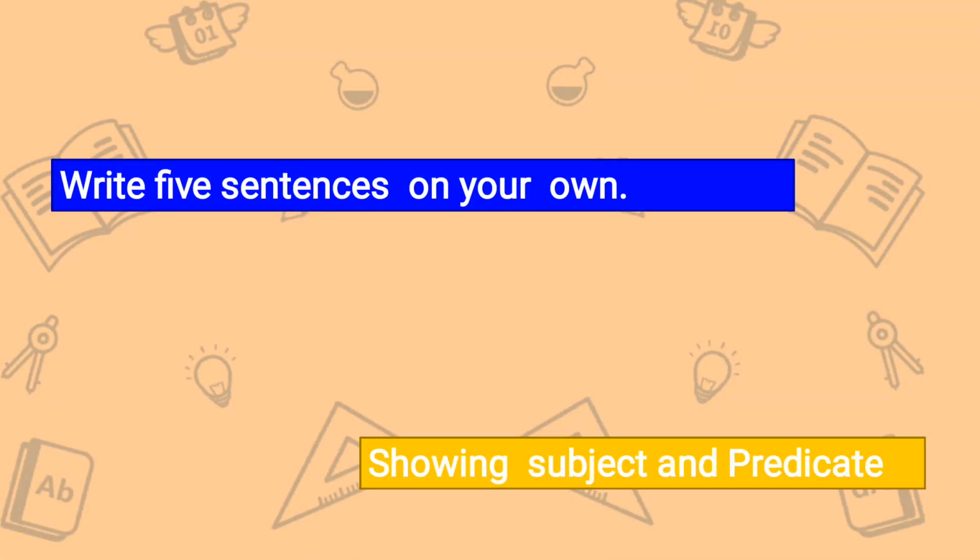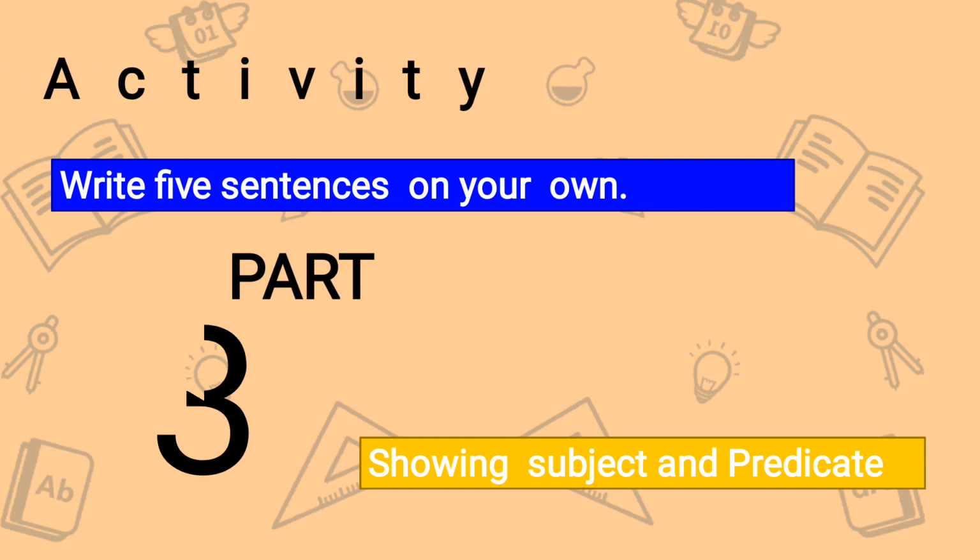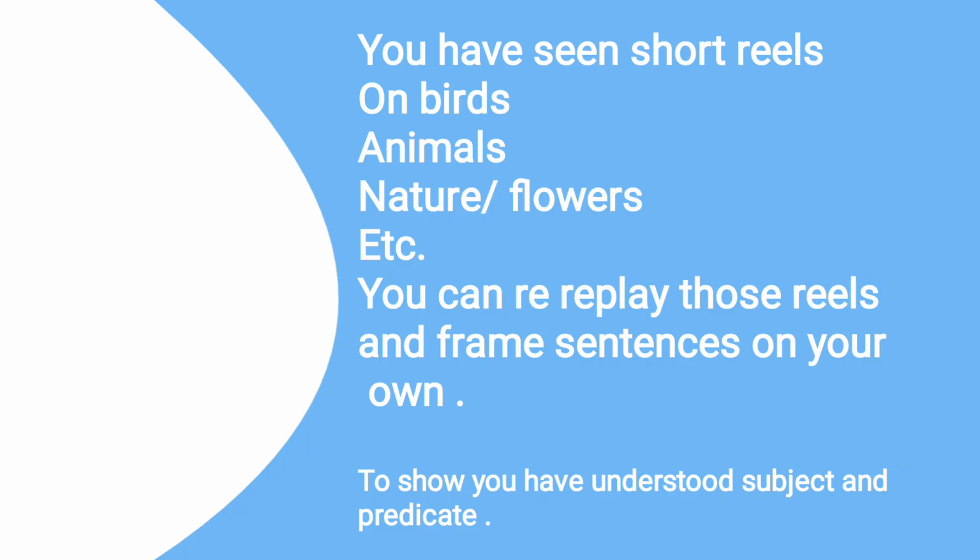Now here's an activity for you. Write 5 sentences of your own showing the subject and the predicate if you've understood the definition. Now the next thing, another activity, you have seen short reels on birds, animal, nature, flower, etc. You can again replay those reels and frame sentences of your own to show this to me that you've understood the subject and the predicate.